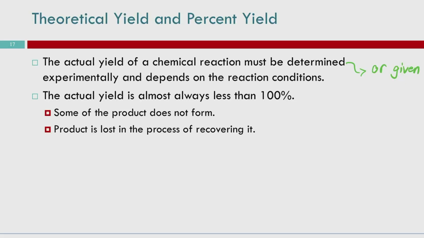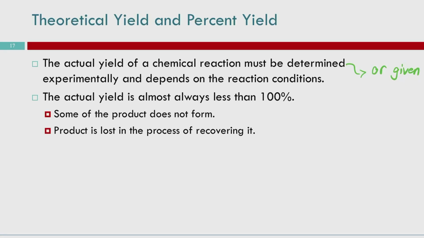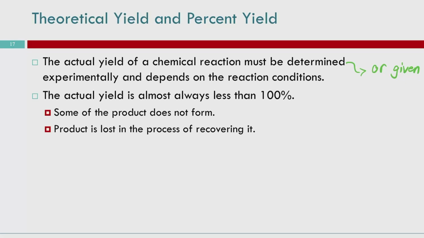He can't come in and steal off the countertop. In the real world, our actual yield is almost always less than 100%. It can be above 100%.